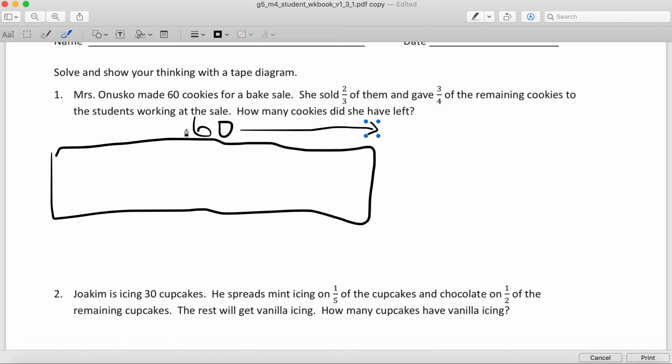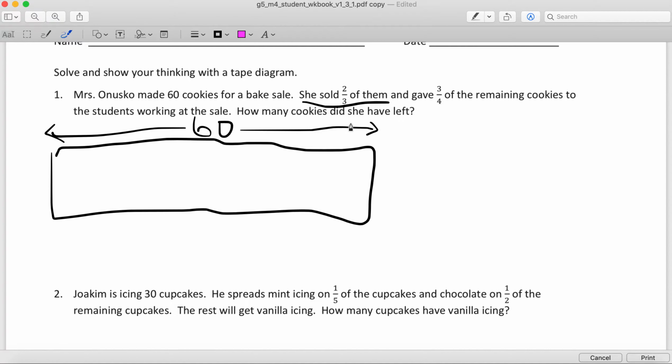And we're going to look at the first piece of information that we have. She sold two-thirds of them. So I've got to know how many cookies she actually sold. So we know that our bottom number here is our divisor. That's going to tell us how we're going to break up the amount of cookies that we have.